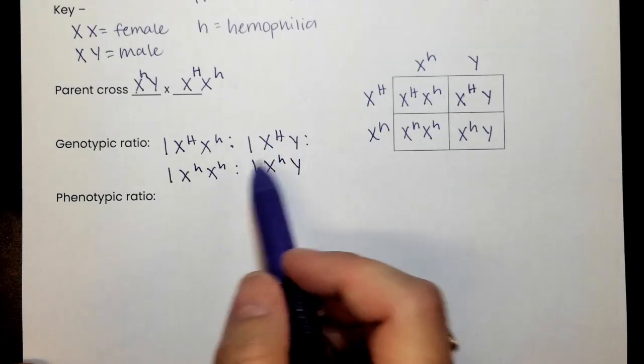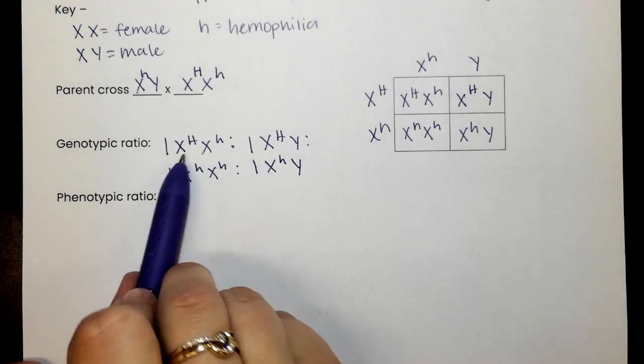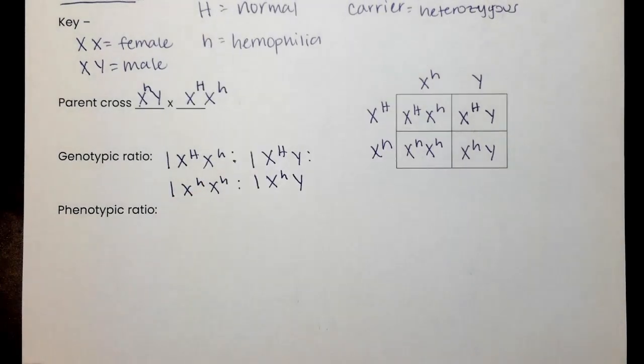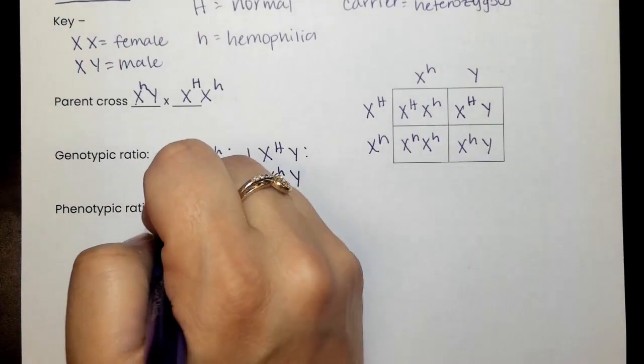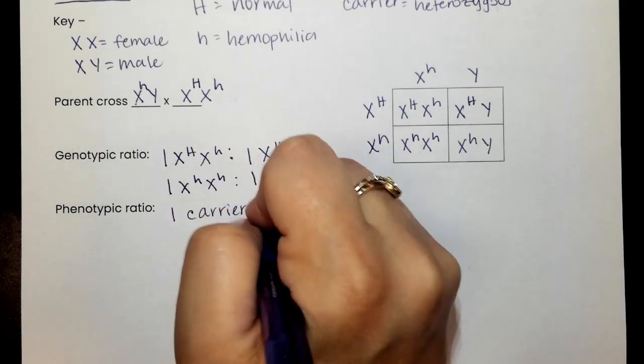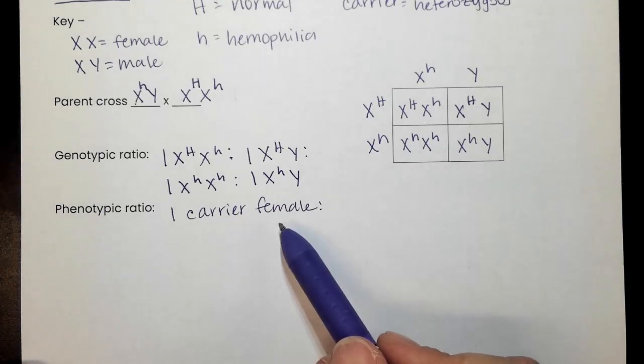Phenotypic ratios, I have to list males and females. So I'm going to work through this one by one. So this, again, would be a carrier, but since she has a big H, she's going to be normal. So you could either say one normal female or one carrier female. I'm going to go ahead and put carrier because that's what they had in the problem. But normal female would be the same thing.